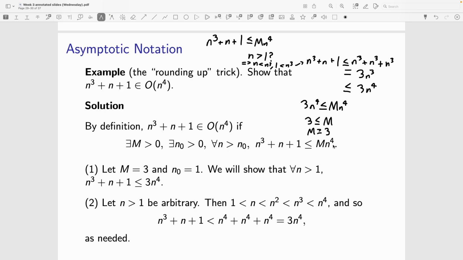Because from these constraints, it's really not that big of a jump to find a specific value for m and a specific value for n naught that gives the desired inequality. I'm just going to rewrite this sign to be a bit clearer. Kind of looked like an equal sign back there.